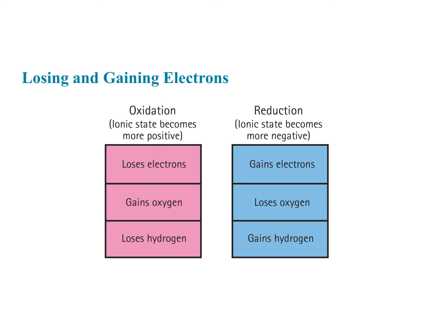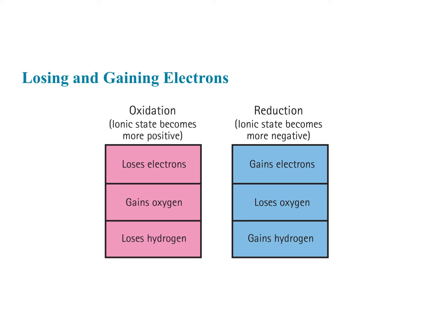Now, obviously, something like sodium chloride being formed is one where you have ions which have clearly gained or lost electrons. And it's obvious because if you lose an electron, you've had an oxidation. If you gain an electron, you've had a reduction.